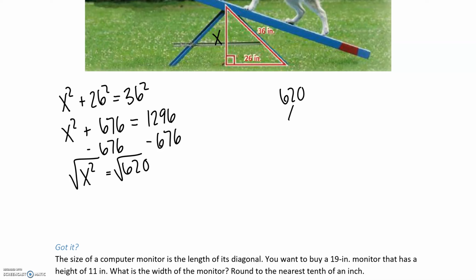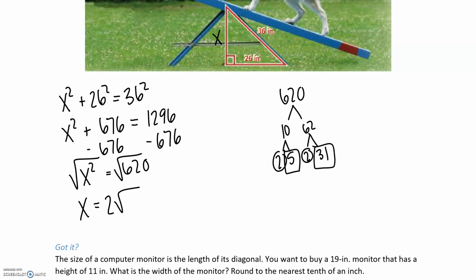If we divide it out into 10 and 62, that leaves us with 2 and 5 and 2 and 31. So we have a pair of 2's, which means we're going to have a 2 on the outside. So we're going to have x equals 2 square roots, and then 5 times 31, which gives us 155. And that's going to be in inches.